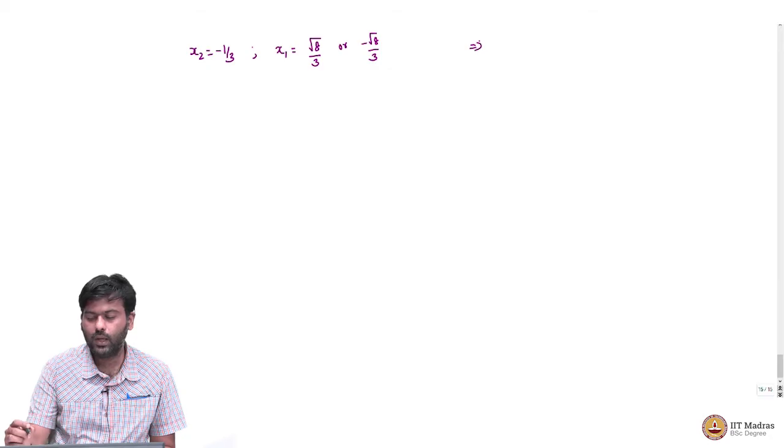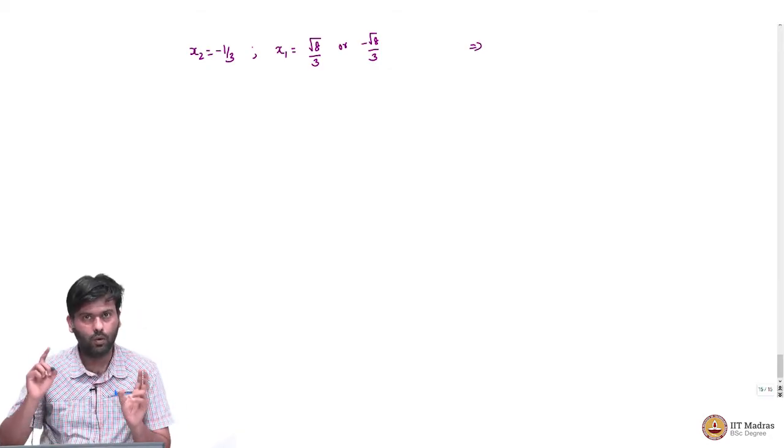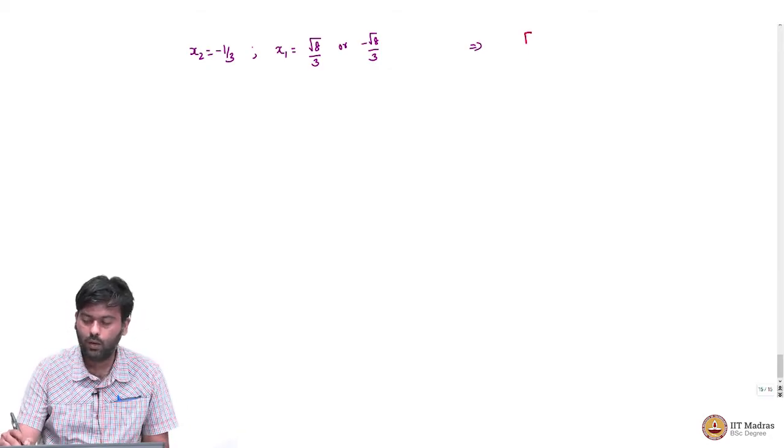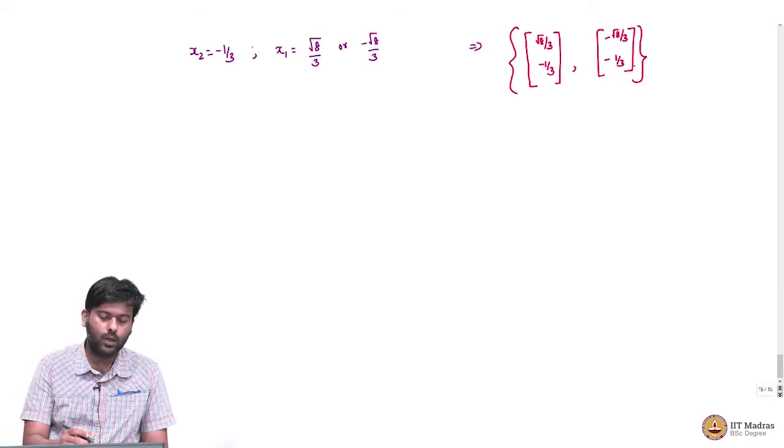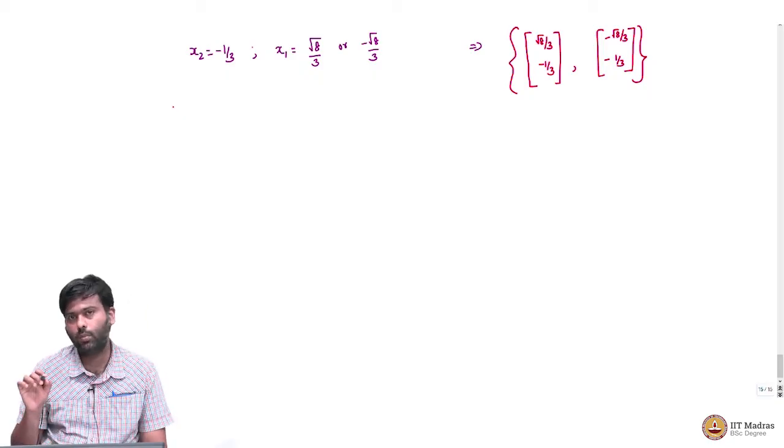So the points that are important here, x1, x2, are square root of 8 by 3, minus 1 by 3, and minus square root of 8 by 3, minus 1 by 3. We have a set of 2 points. So this is, remember, the case when we argued that lambda is minus 1.